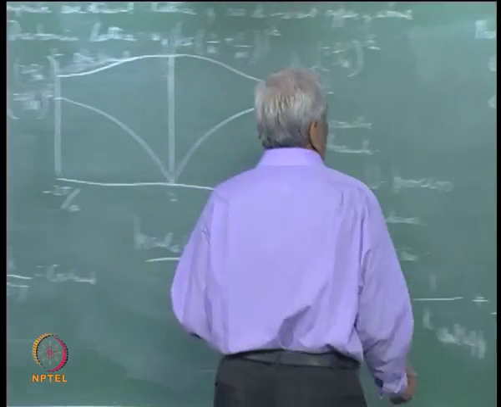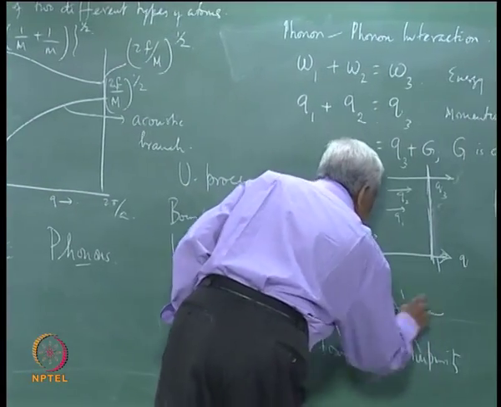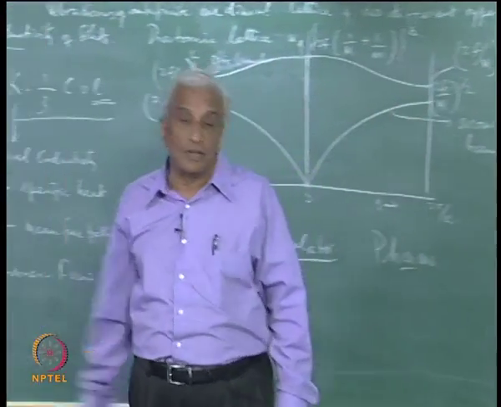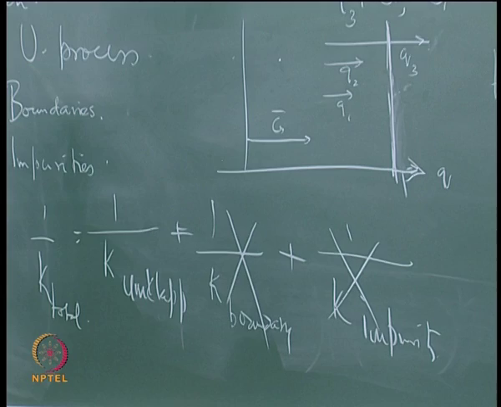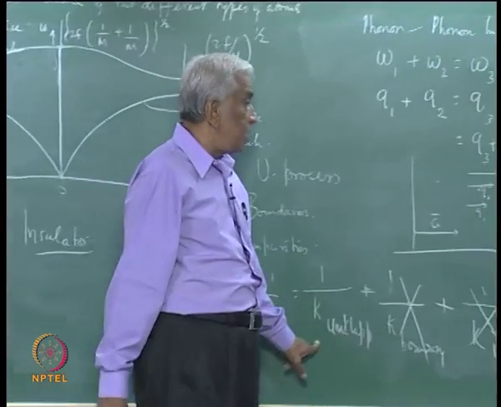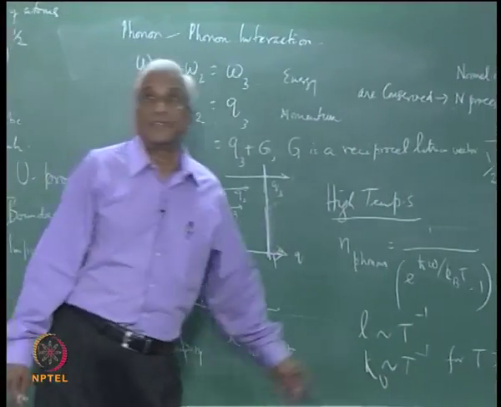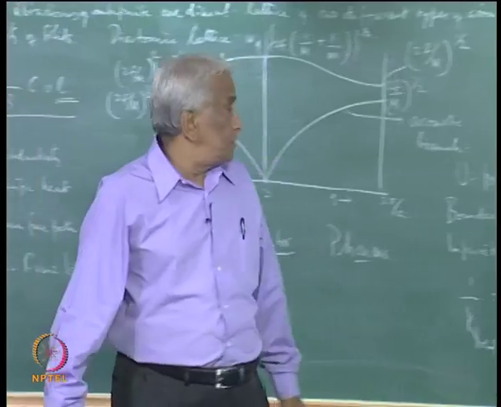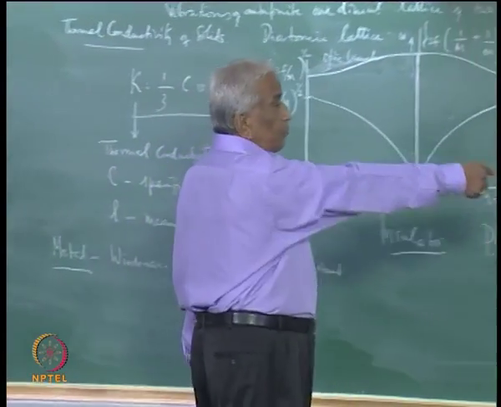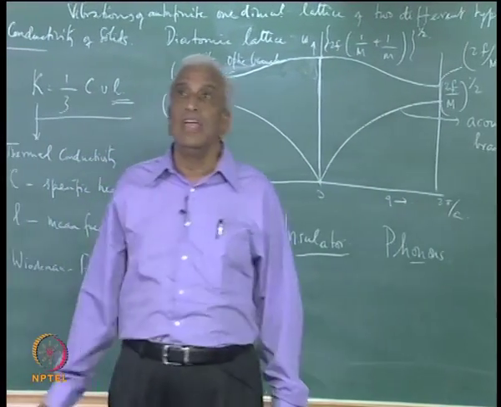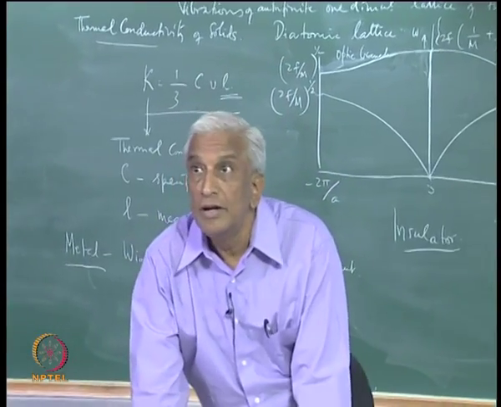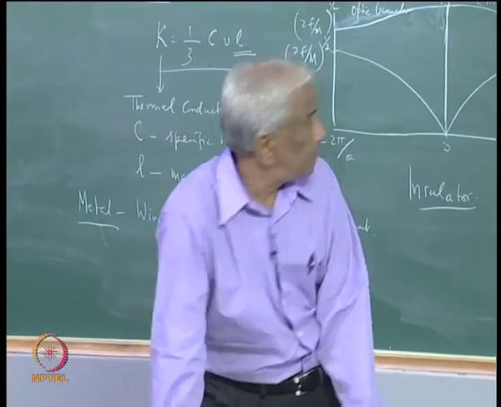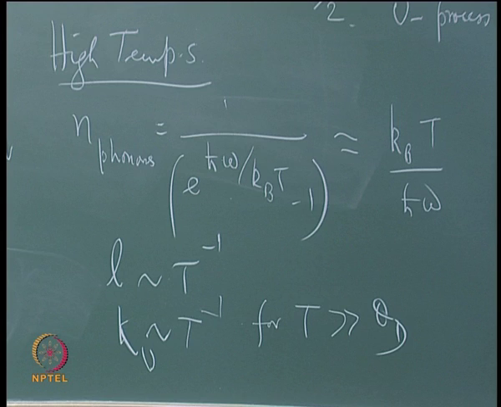So, we can forget about these, to a first approximation, when you have a pure large crystal. So, the thermal conductivity will essentially go by this. The conductivity will be proportional to the inverse of the absolute temperature, that is, at high temperatures.